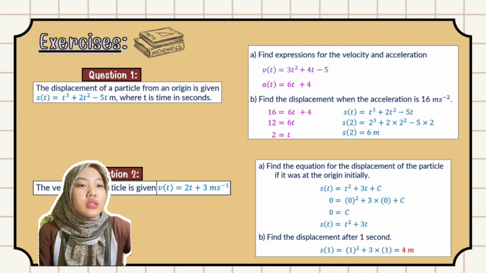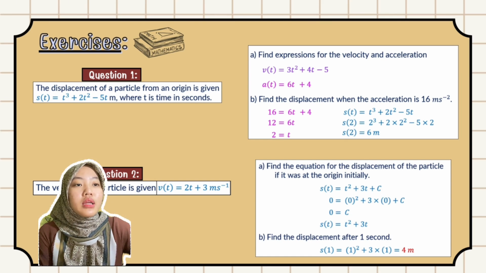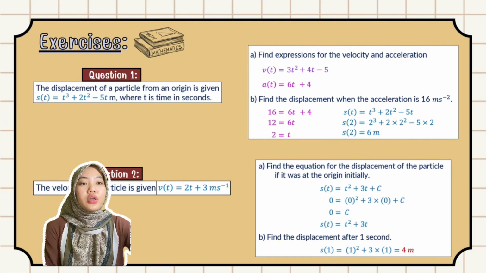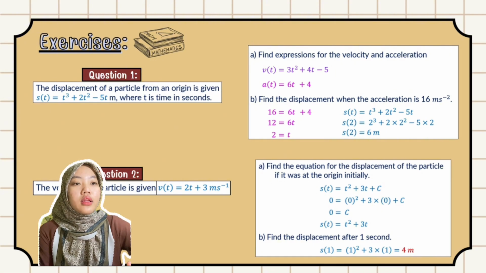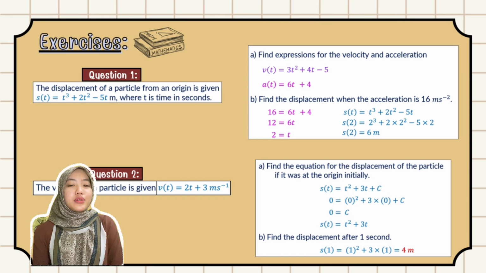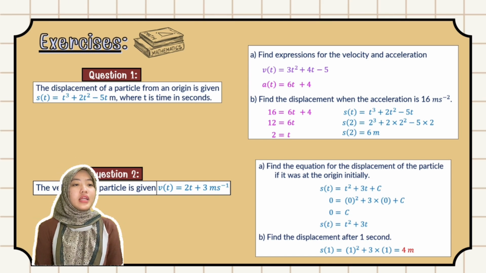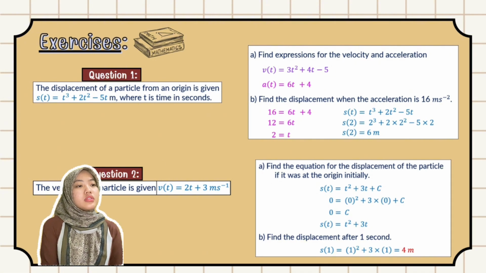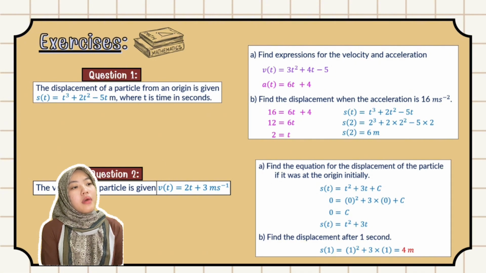Here we can see that the answer is v equal to 3 times t squared plus 4 times t minus 5. And then we differentiate again to get the equation of the acceleration, and we got 6t plus 4.